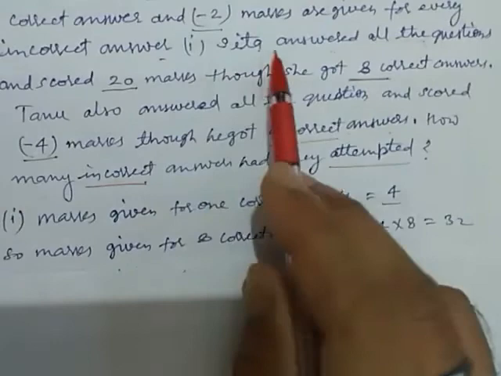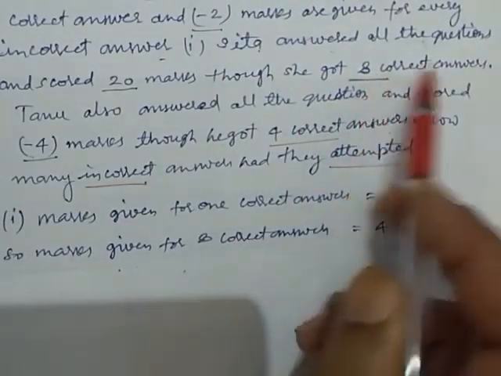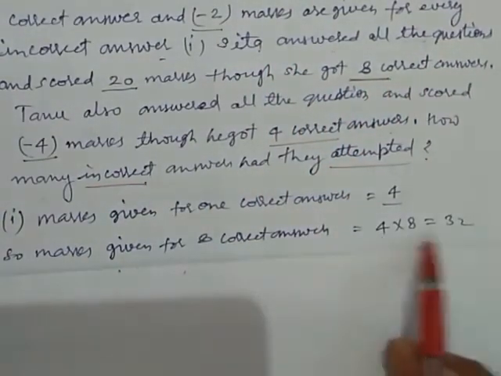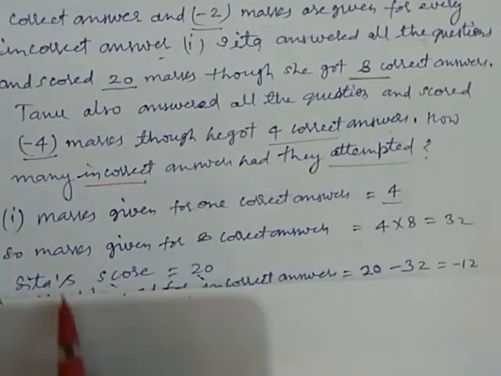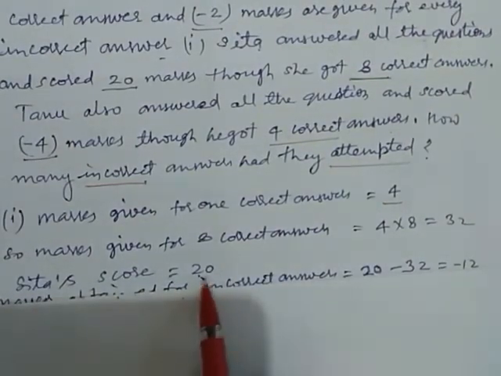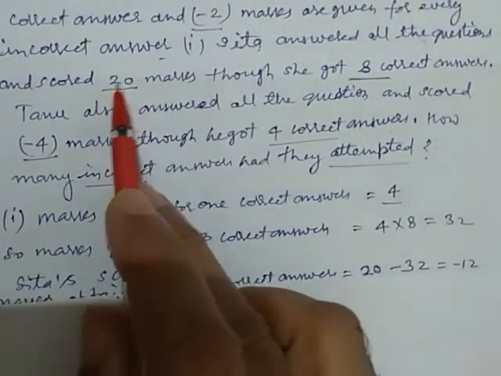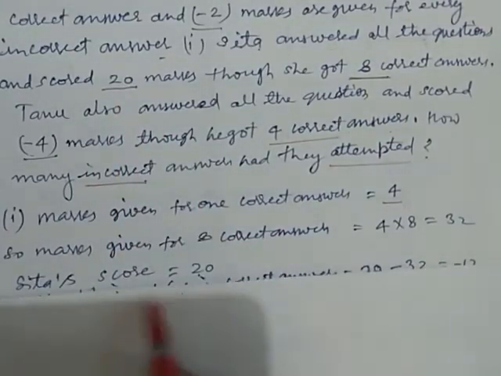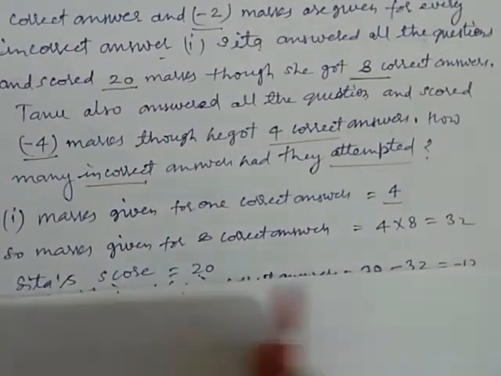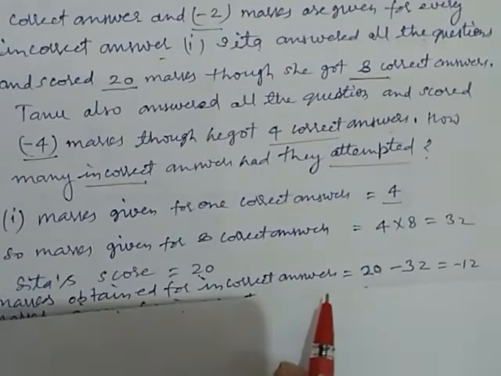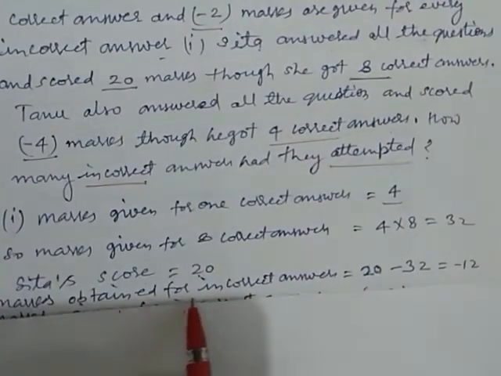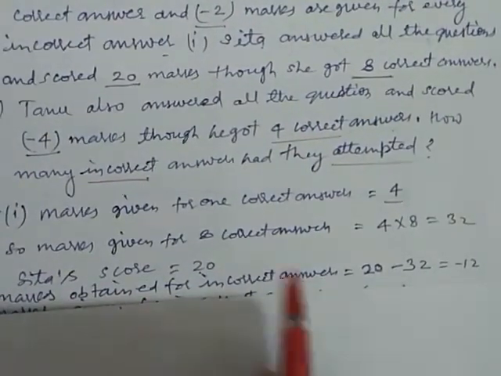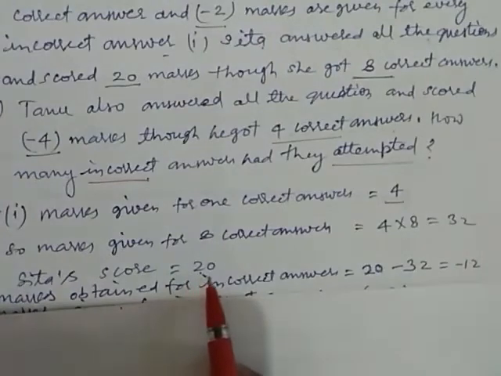Here Sita attempted 8 correct answers. So 4 into 8, 32. Sita's score, but here we found that Sita's score is 20. So we write Sita's score 20. Now what happened? Marks obtained for incorrect answers. How do we find marks obtained for incorrect answers?